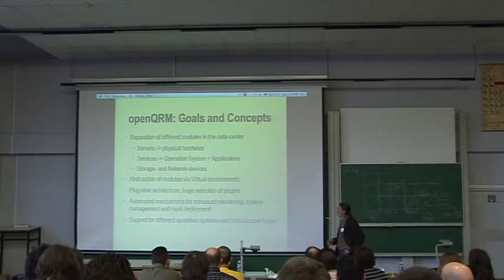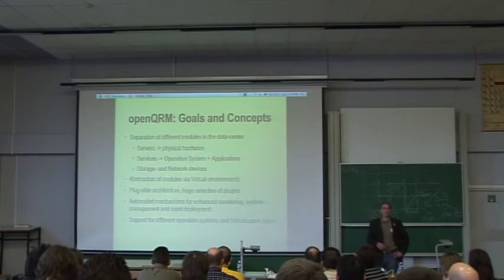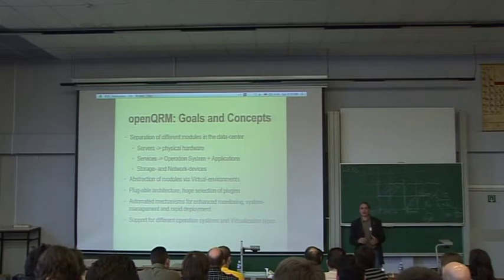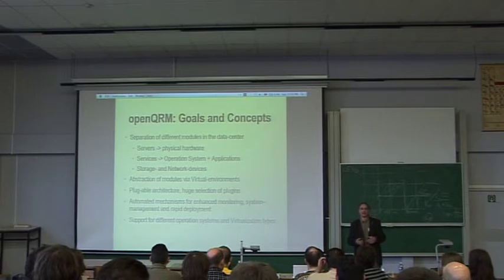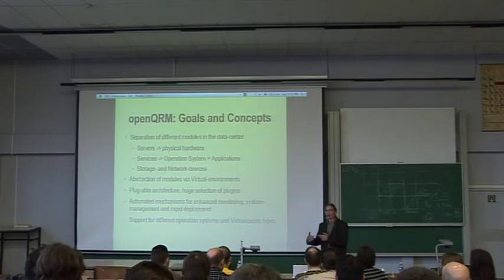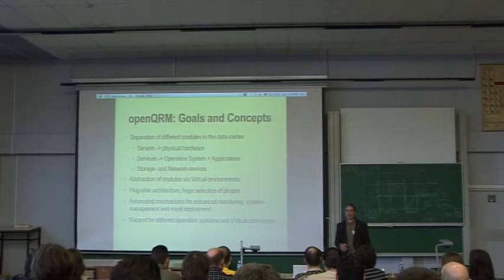The benefit we gain from this pluggable architecture is that we could parallelize our development. We have a few developers working on the core and many other developers developing independent plugins, and they don't disturb each other. So we can separate the code our developers are working on through this pluggable API.